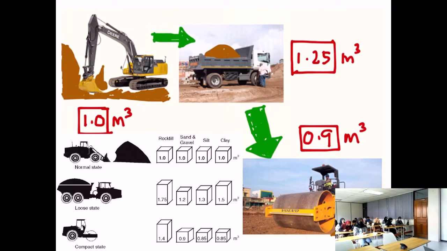So 6 meter cube is based on this loose condition. With 6 meter cube in here, over here it is only probably 5 meter cube, right? Excavation. And when you bring to site, it becomes 4.8 only. But your lorry is 6.